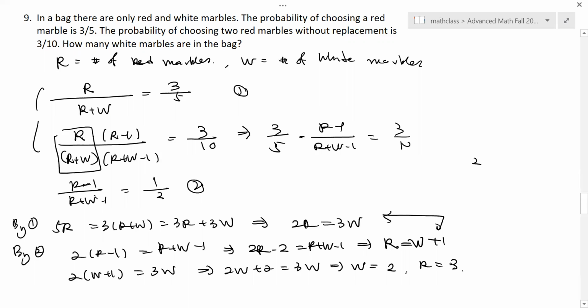So you have 2 and 3. Okay, that's it. So you find the number of marbles in the bag. Total only 5 marbles: only 2 white marbles, 3 red marbles.